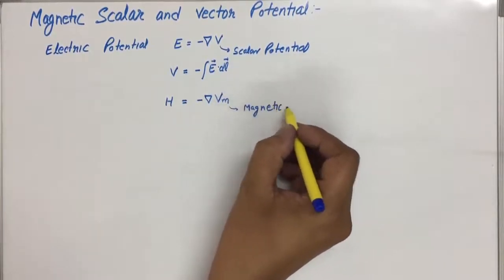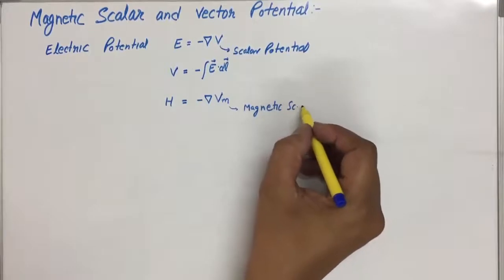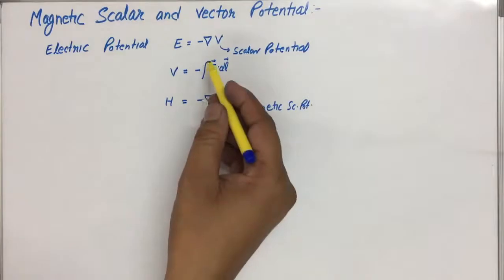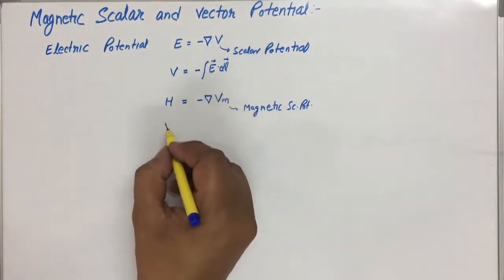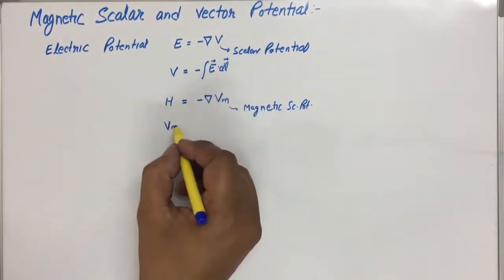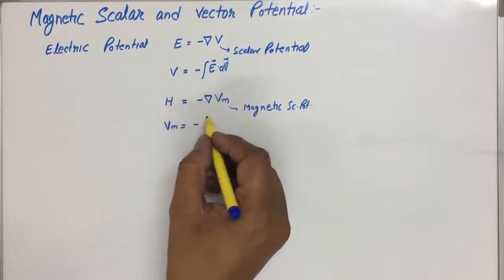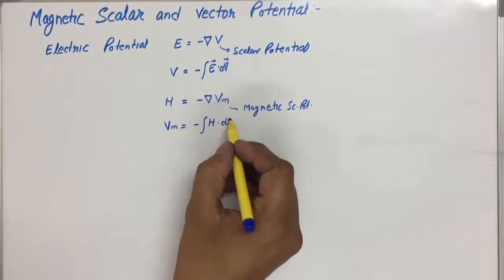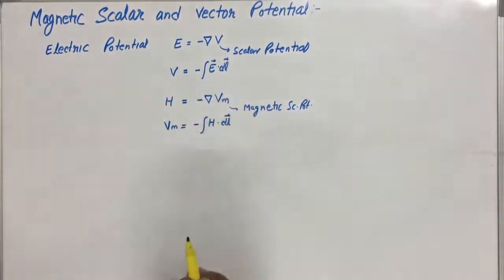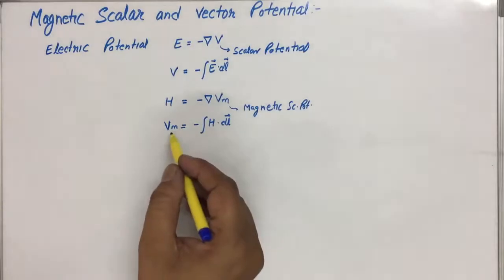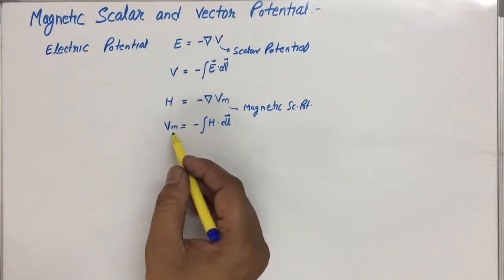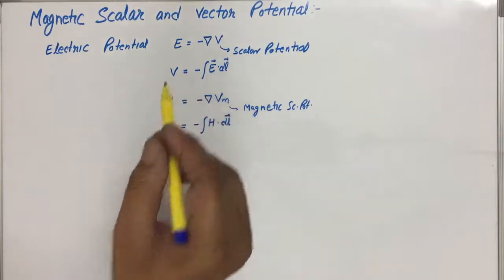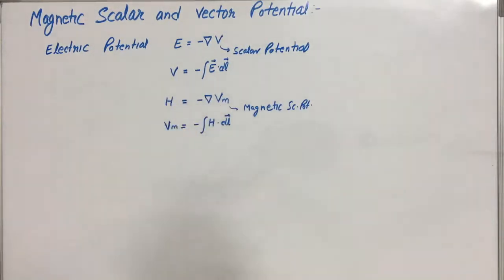Similar to this, we can write Vm is equal to minus integral of H dot dl. This is the magnetic scalar potential, completely similar to electric scalar potential.